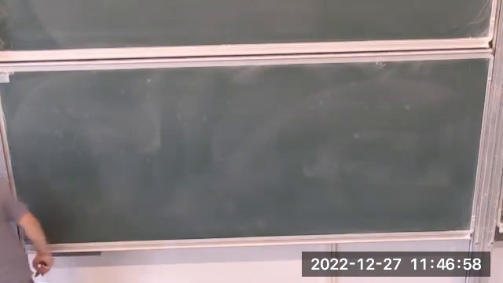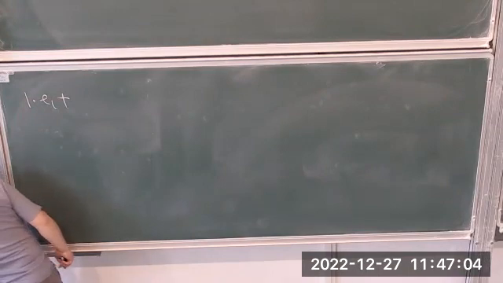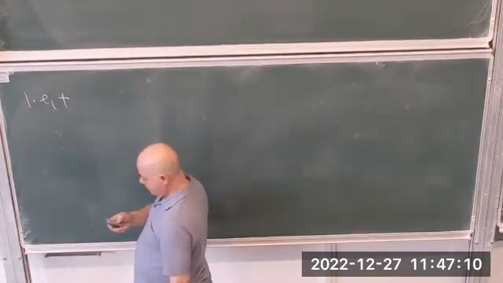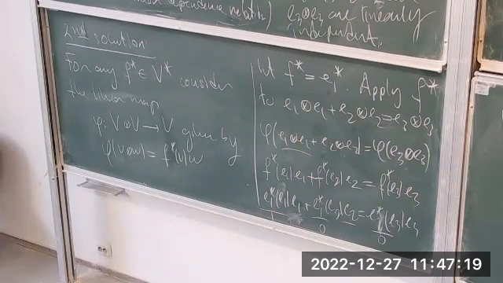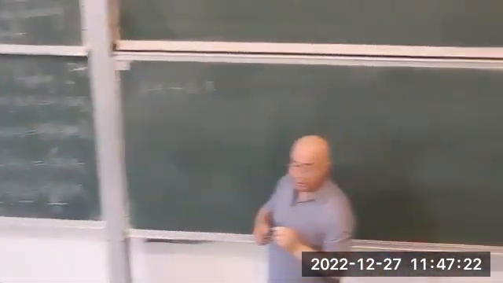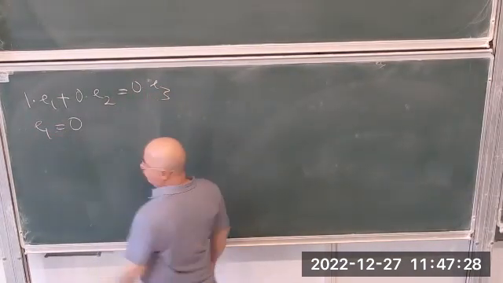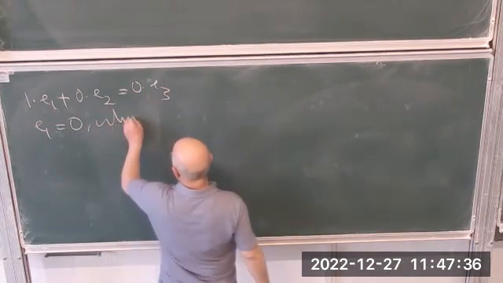This is just, right, 1 times e1 plus 0 times e2, and 0 times e3. So it is 1 times e1 plus 0 times e2 equals 0 times e3. So this means e1 is equal to 0. But that's a contradiction, right? e1 is a basis element and it cannot be 0. It is a contradiction.